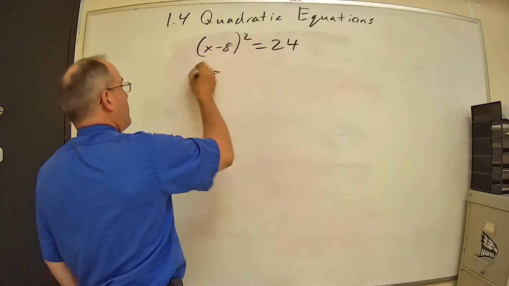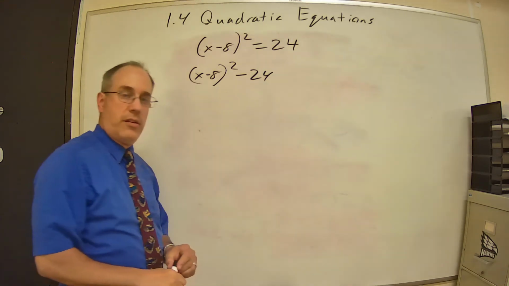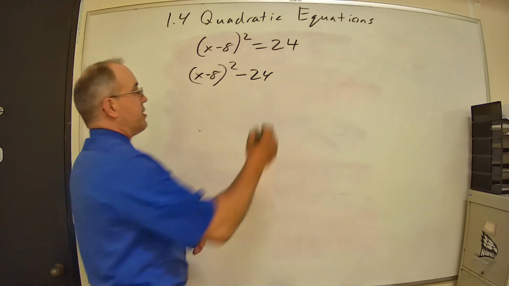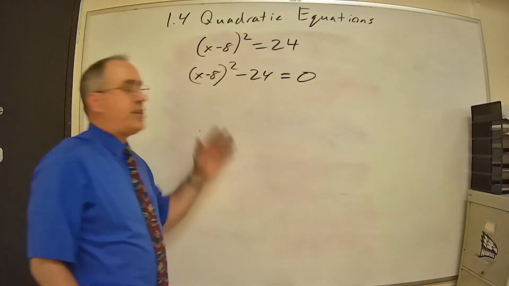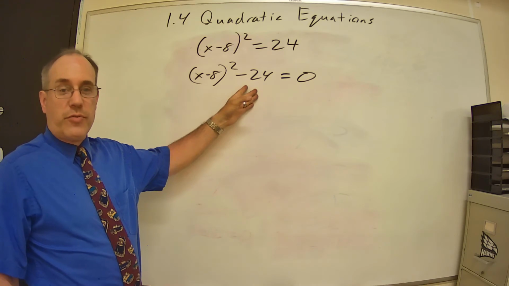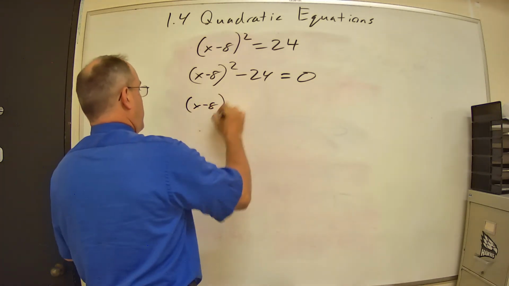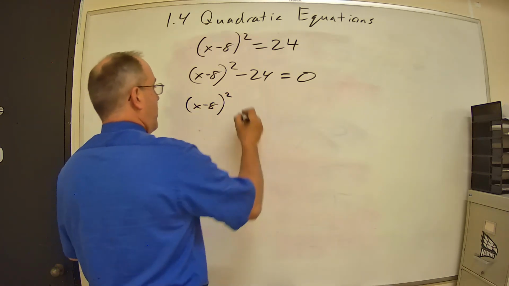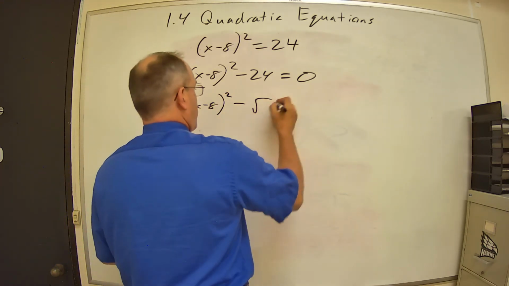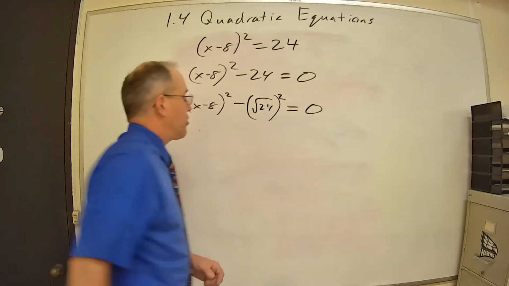x minus 8 squared minus 24 is equal to 0. Well, what does that do for us? We can turn this into a difference of squares. x minus 8 squared minus the square root of 24 squared is equal to 0.